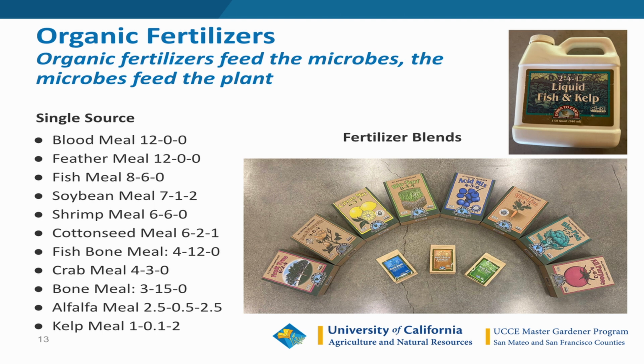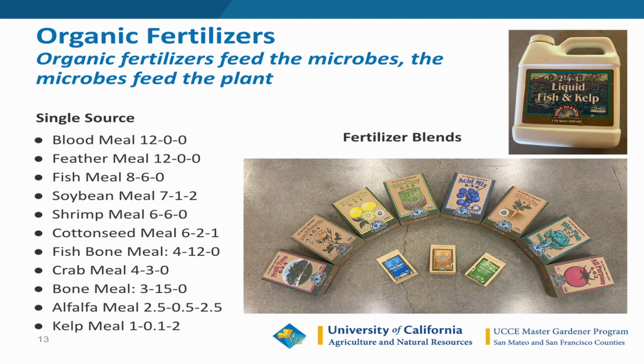I've got a list here of single source fertilizers you can buy, and Carol talked about alfalfa meal as being a good one for tomatoes. Thank you. I just want to point out that blood meal is a very quick source of nitrogen. Feather meal is a much slower source of nitrogen.